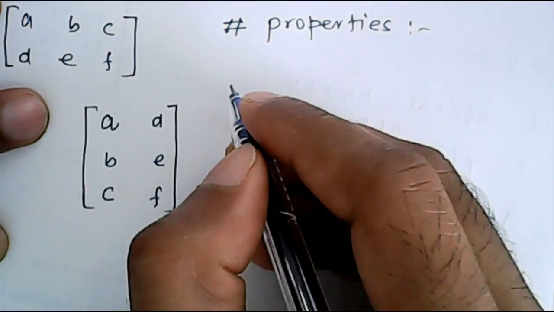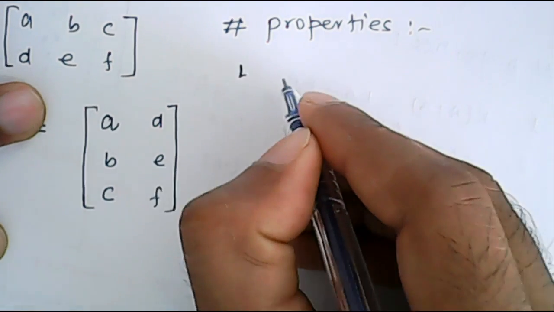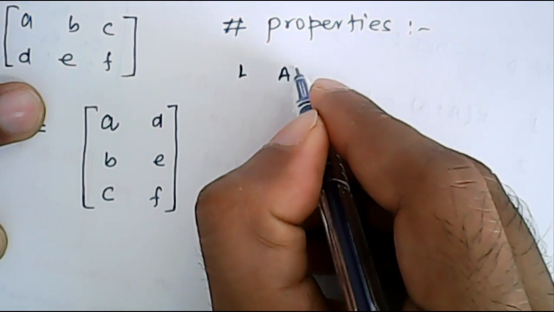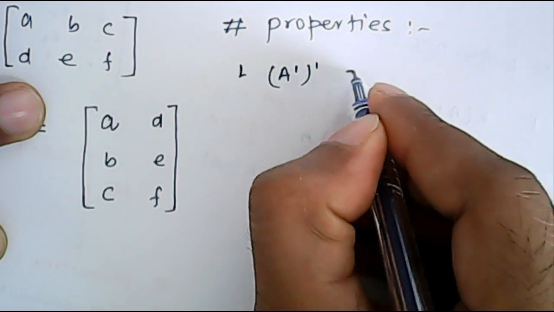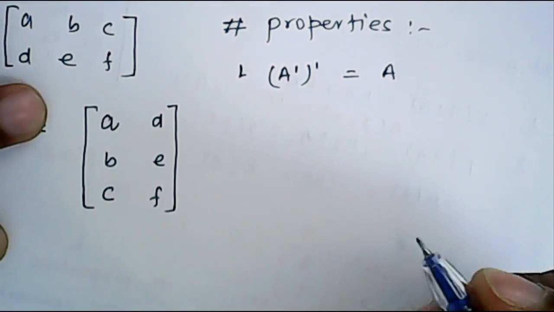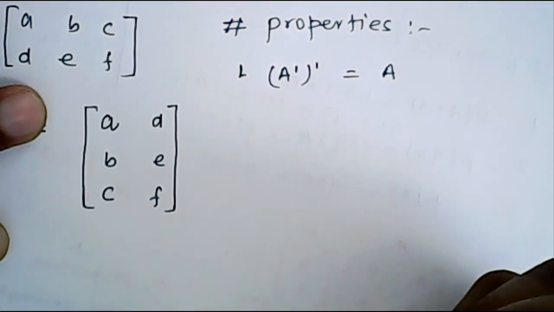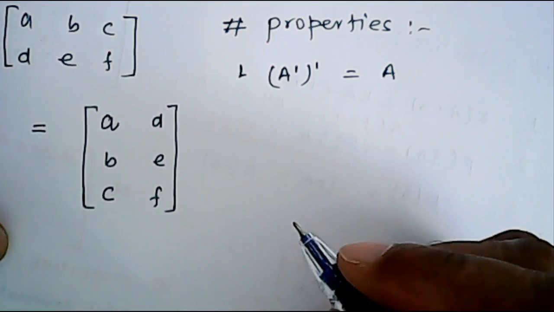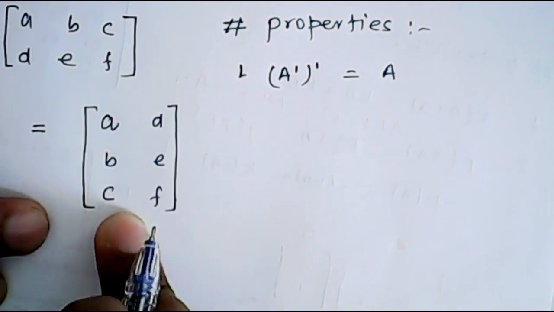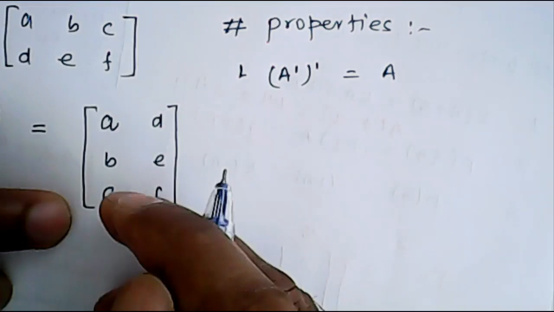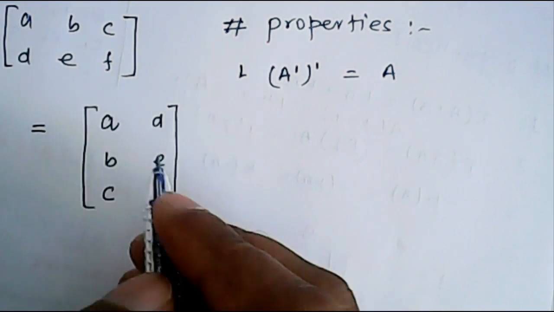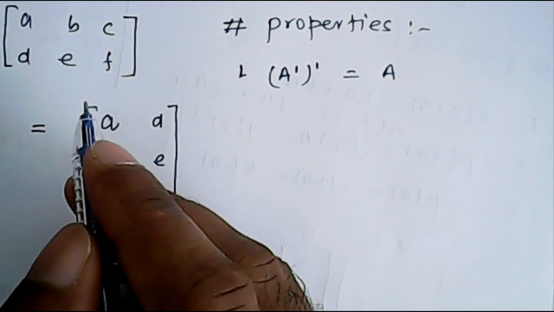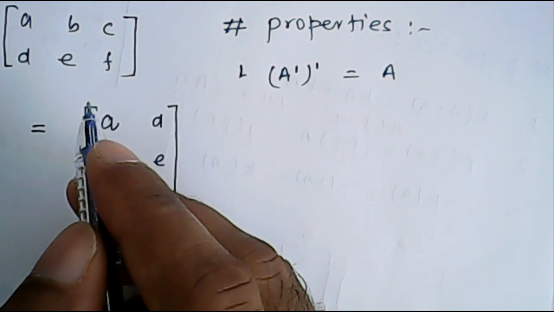Let's revise them. The first one is the transpose of A, and if we take the transpose again, it is equal to A. A dash of A dash is equal to A. Once you form the transpose and take the transpose again, you get back the original matrix.